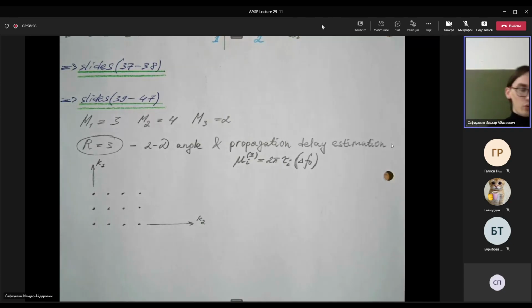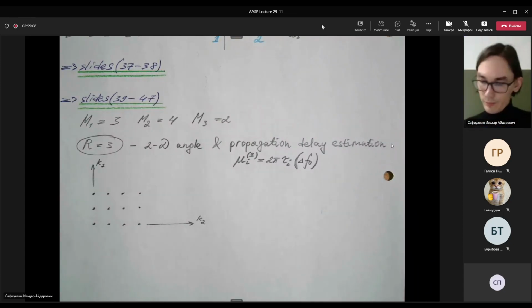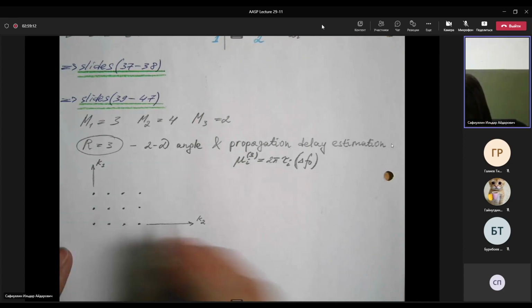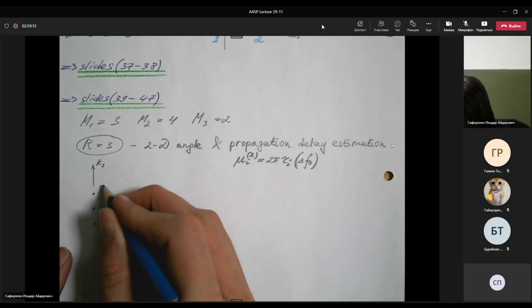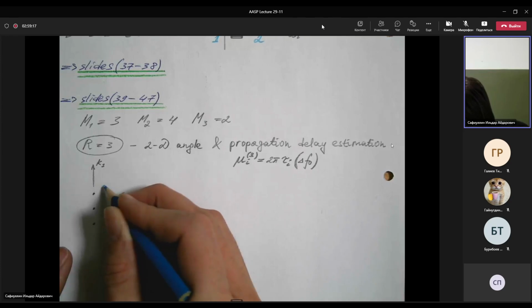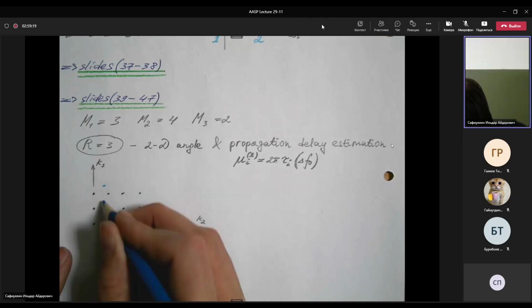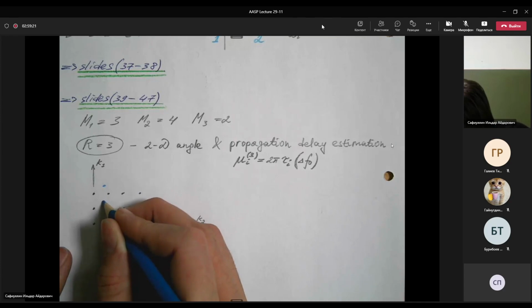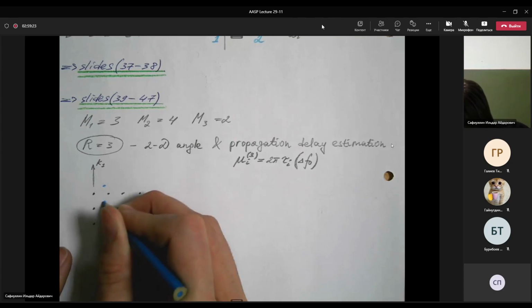And now we need to show our K3. For this one, I will use blue color. So we need to show that this link is placed here, for example. It is the first element. Here the second element.